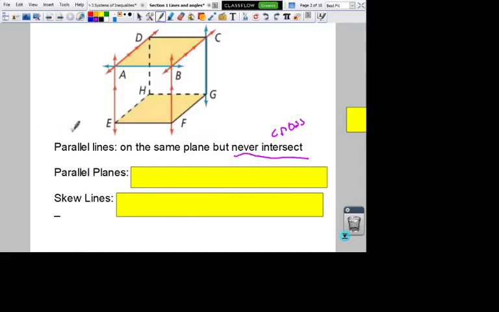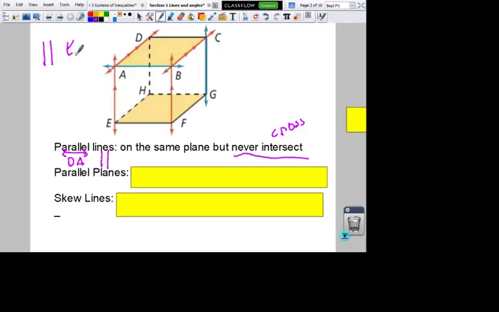When we talk about parallel lines, we write them like this. DA is a line, so I have to do line DA like this. And then I say parallel, and I do that by drawing just two parallel lines like that. That means parallel.